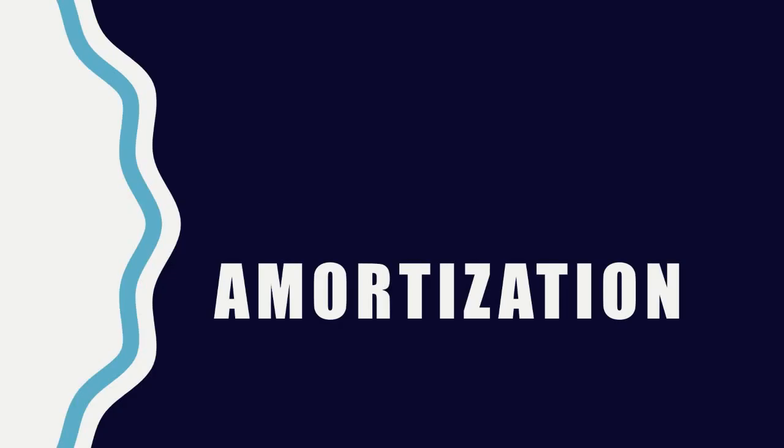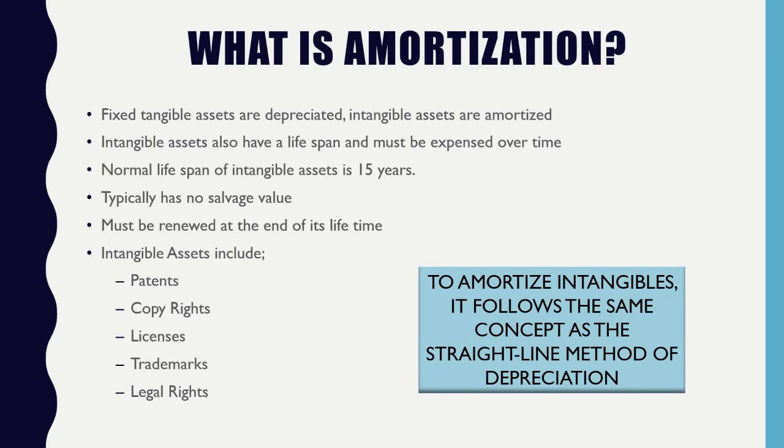Now, what is amortization? Amortization is another fancy word to say, I want to depreciate intangible assets. So that's the exact definition. You're depreciating intangible assets, and we call it amortization.